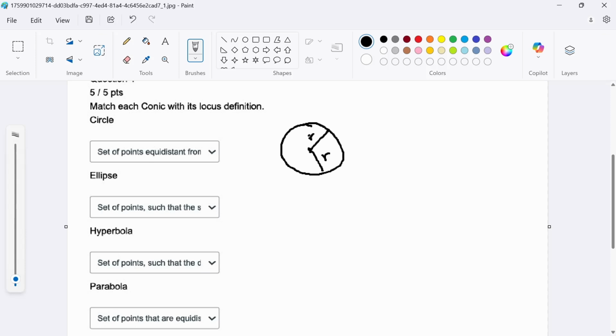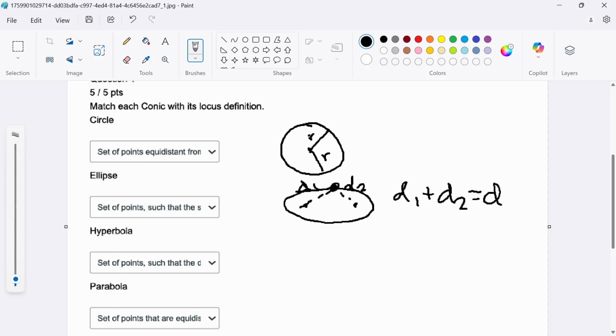An ellipse, a set of points. Now this one is such that an ellipse is like this. The locus for an ellipse is the focus. And if I take some point and I take the distances from the point, D1, D2, when I add them together, it always equals the same thing.